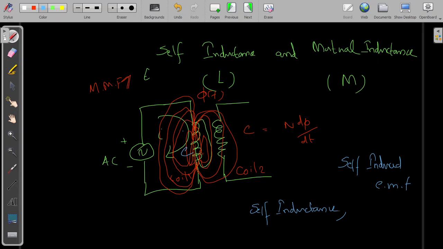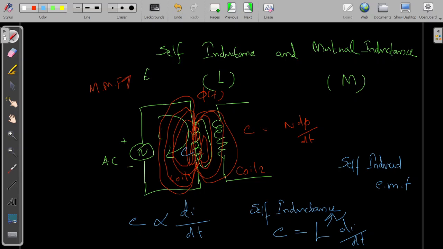This self-induced EMF E is found to be directly proportional to the rate of change of current through it, di by dt, and this proportionality constant is replaced by L into di by dt, where L is known as the self-inductance of the coil.